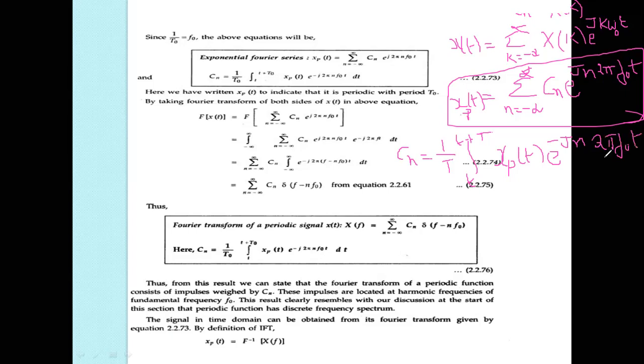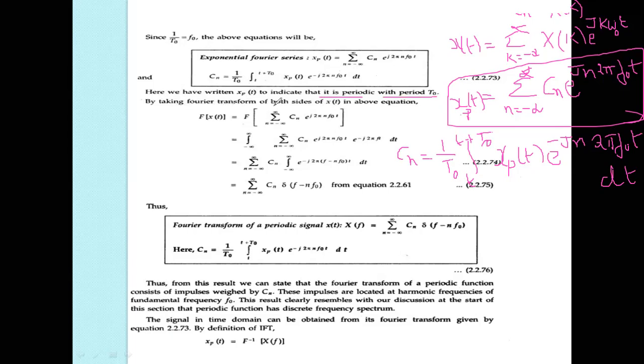The same equation: Cn is equal to 1 by T naught, the integral from t to t plus T naught, xp of t e power minus j 2 pi f naught n t dt. Here we write xp of t to indicate that it is periodic with a period of T naught.